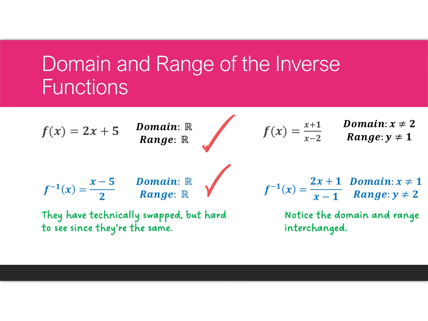We had a rational function, and we said the domain cannot be a 2 ever, and we said the range will not be equal to a 1. And what happens is when the domain becomes a range, in our new problem, the domain cannot be equal to 1, and the range cannot be equal to 2 because they switch places. The domain and range always switch.